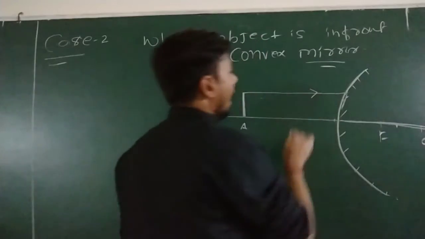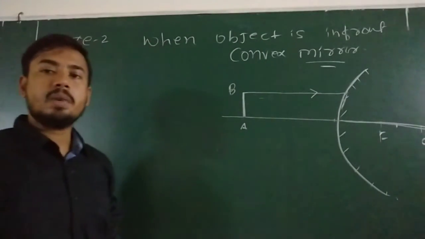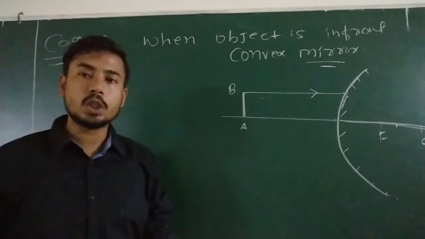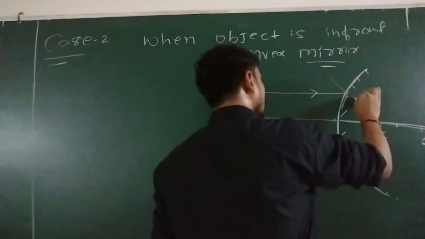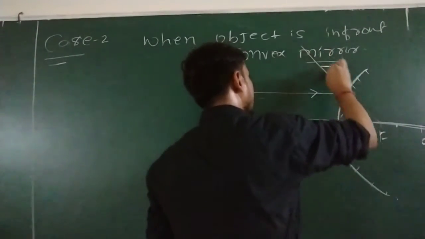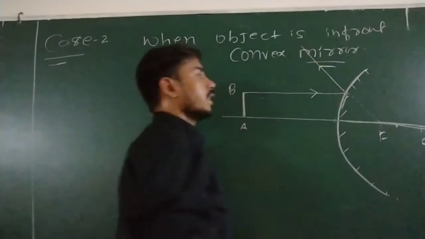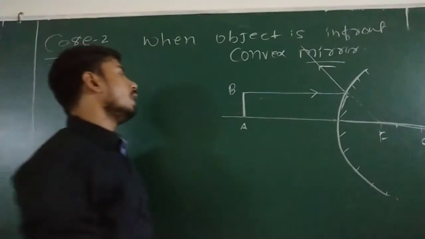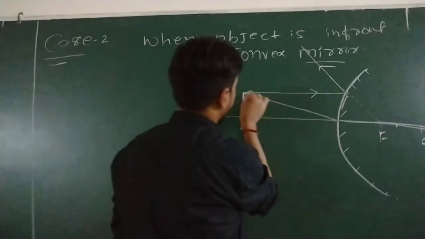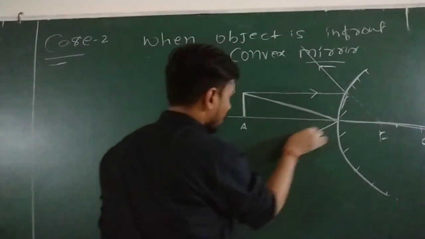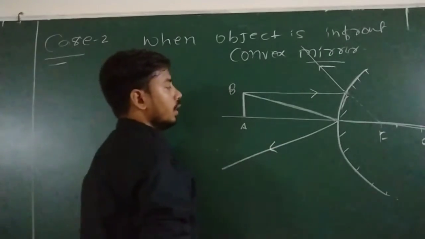After reflection, this ray must pass or appear to pass through the focus. So this ray will go like this after reflection. Another ray you can take like this. Suppose that it is going like this, or it will go like this, right?